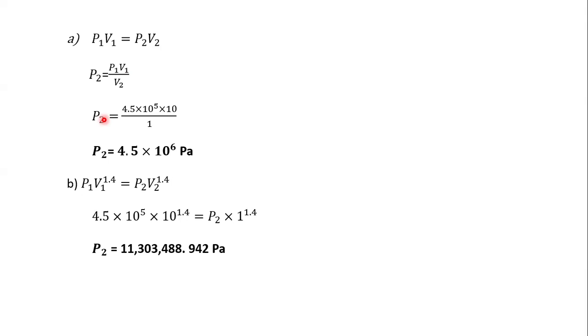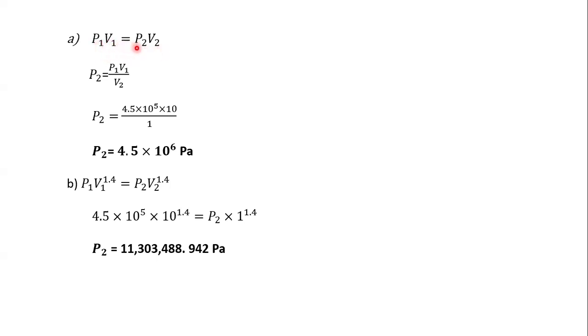The second part of the question gave us the law being PV power 1.4 equals constant. So, which means P1 V1 power 1.4 equals P2 V2 power 1.4. Let me come back again. Part A was saying, according to the law, PV equals constant, meaning we use the other expanded version where we plant the various positions.